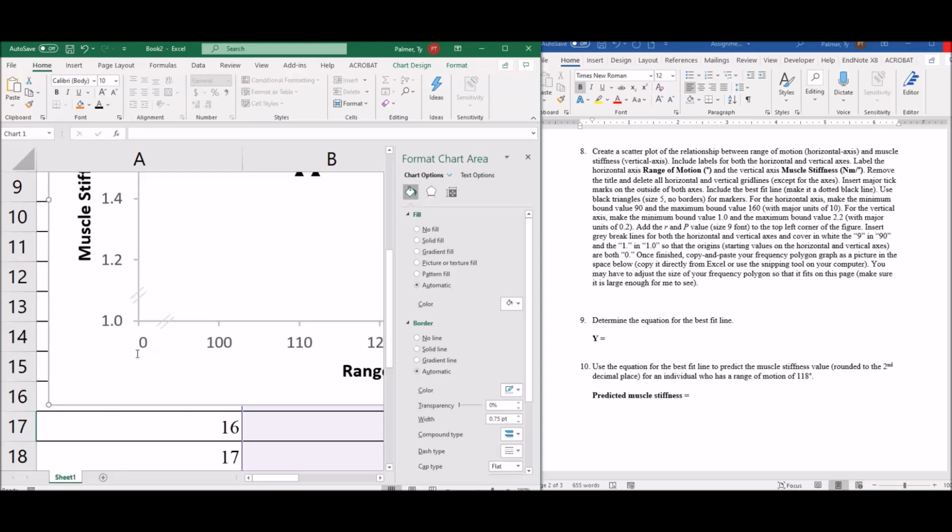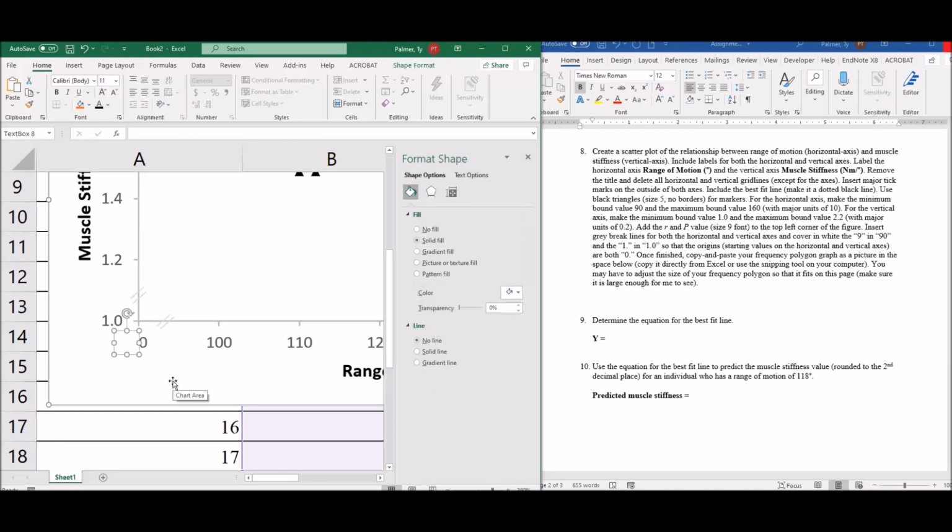Instead of 90, we're going to start at 0. Technically, all starting points on graphs should be 0, and that's what we're trying to do here. We're trying to make the origin 0. So we can just do this little cheat here, and cover up the first digit in the number. For 90 here, we could cover up the 9, and now it looks like it has a 0 as a starting point.